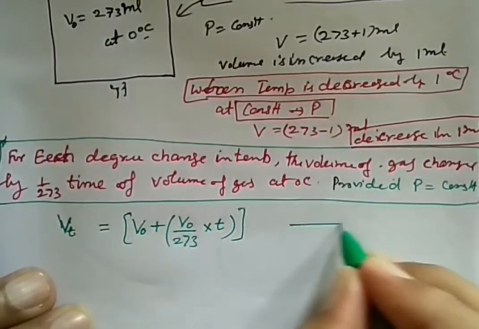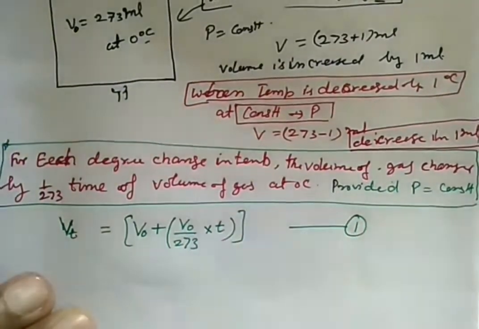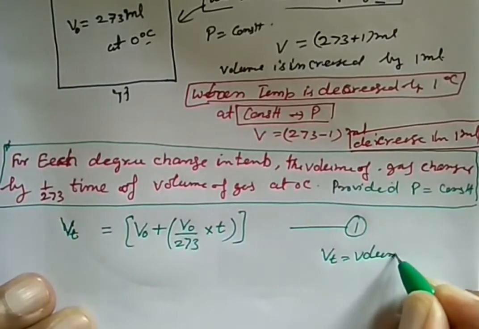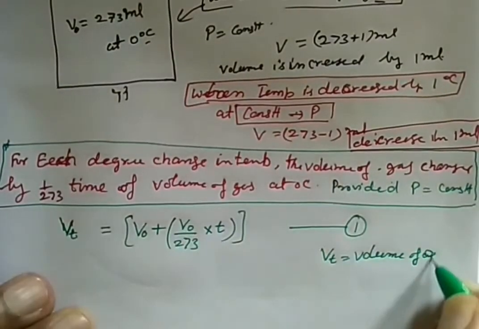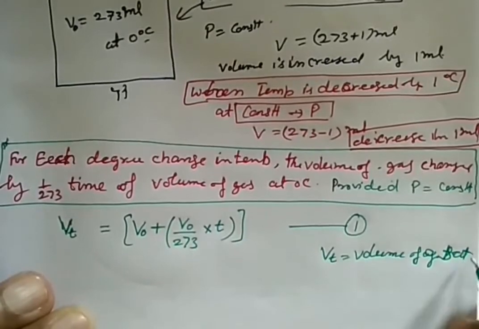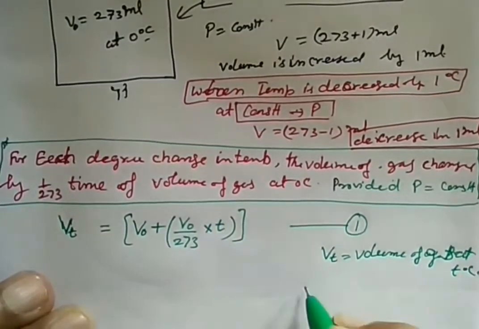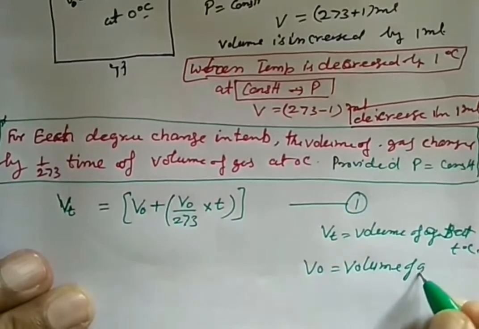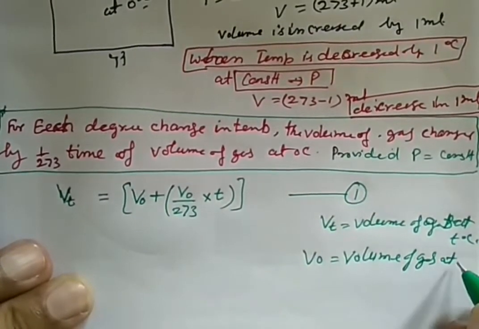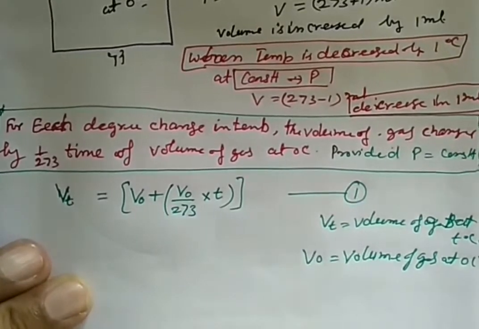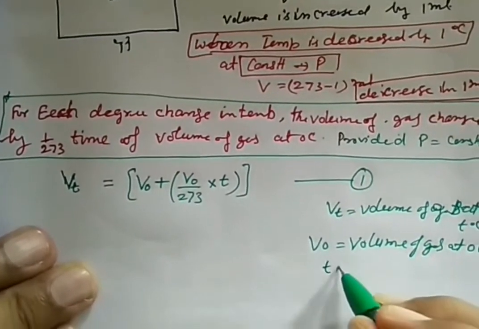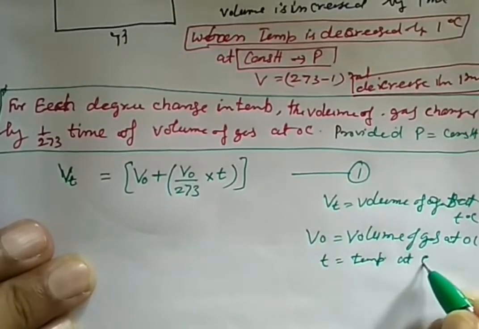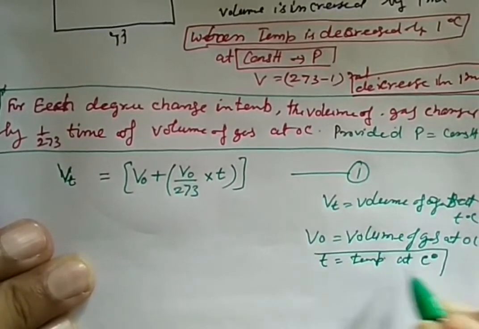This is represented by equation number 1, where the symbols mean: Vt is the volume of gas at T degree Celsius, V0 is the volume of gas at 0 Celsius, T is the temperature in Celsius degrees.